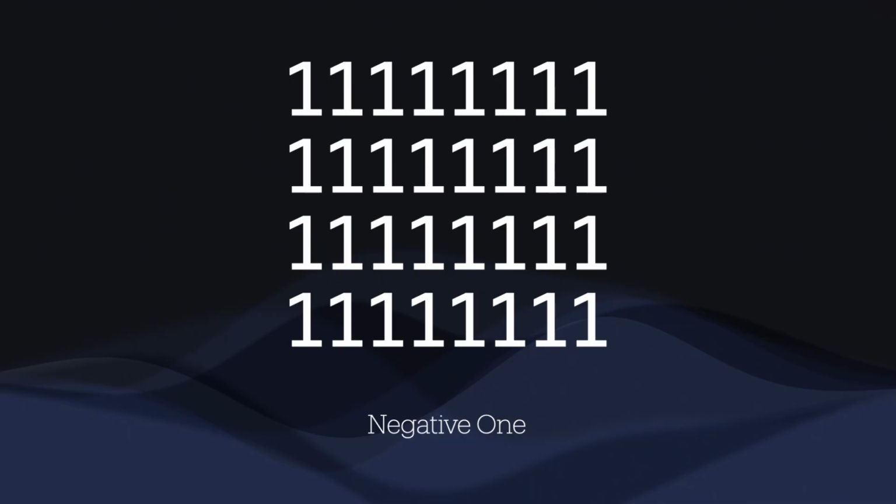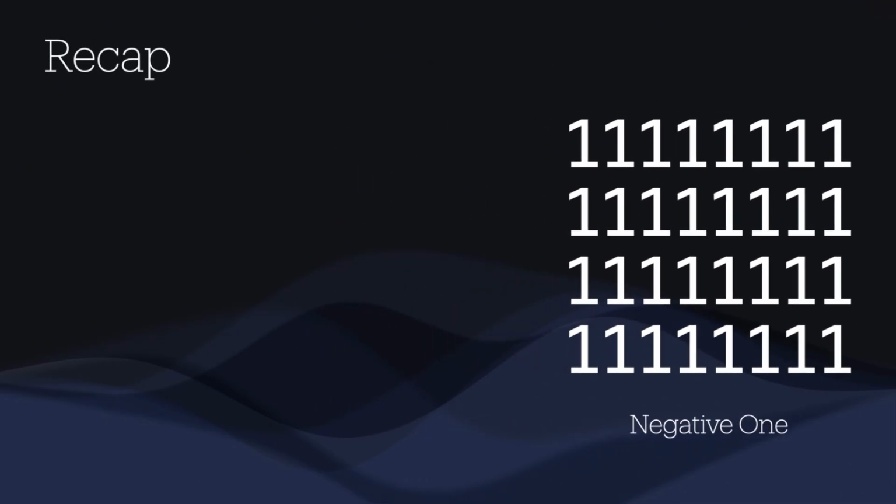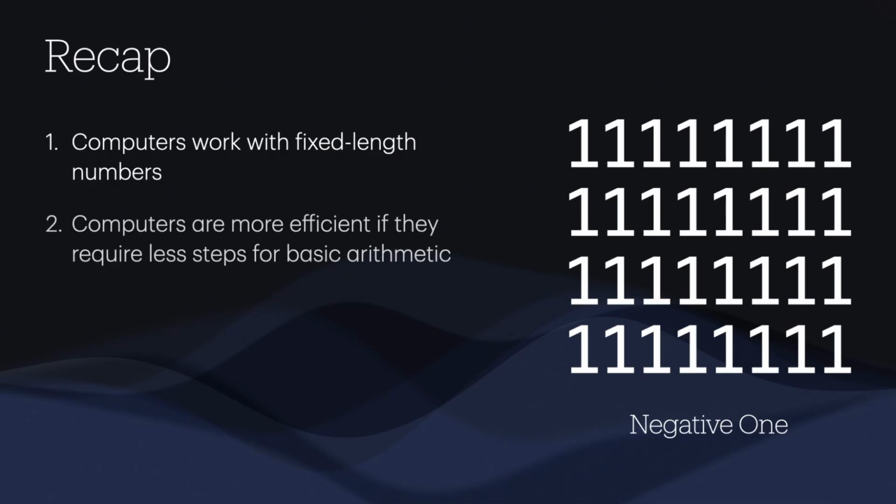So there you go. This is why -1 is equal to 32 ones. Just to recap, how did we get here? Computers need to work with fixed length numbers. So -1 we knew had to be 32 bits long. Computers are more efficient if they require less steps for basic arithmetic.